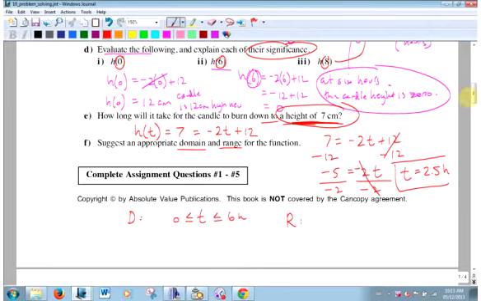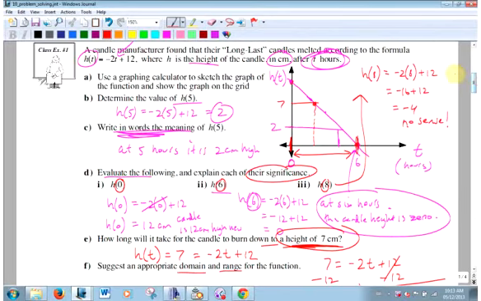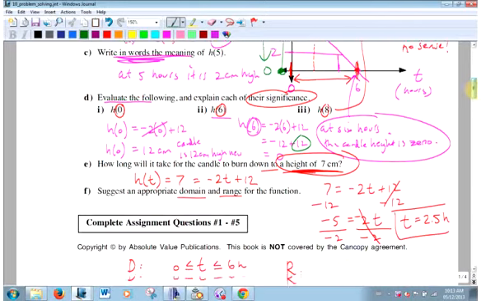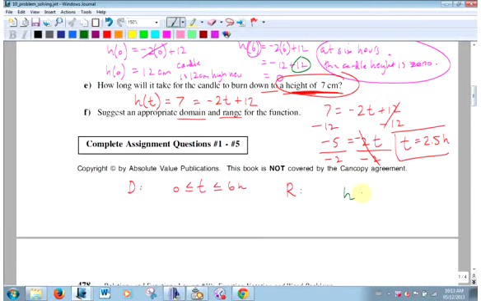The range is the height of the candle. That goes from here to there. How high is this thing when we bought it? I didn't put that on my graph. Yeah, that was 12 centimeters tall. And if we burn it down to nothing, it's 0. That's the range. So the height is less than or equal to 12, greater than or equal to 0.